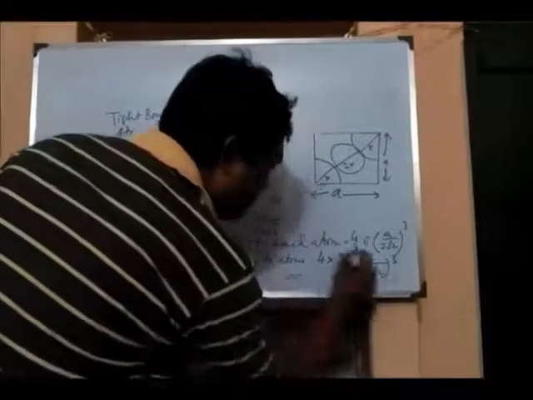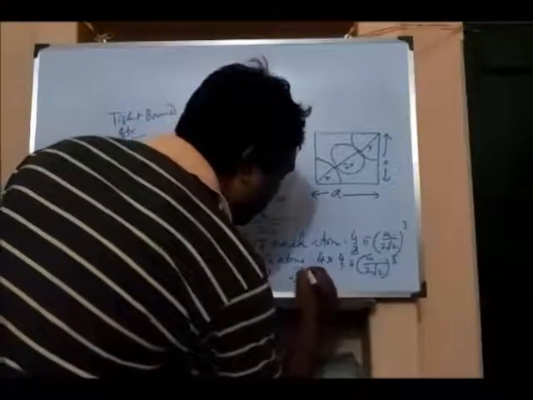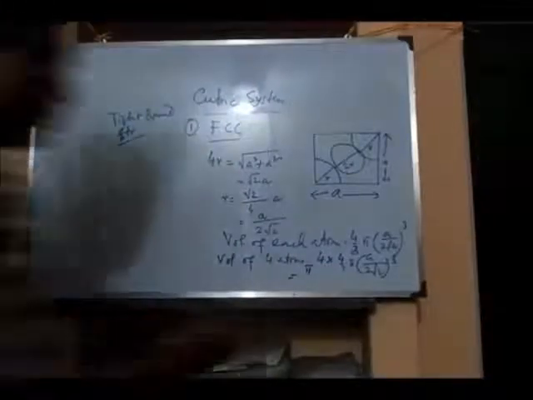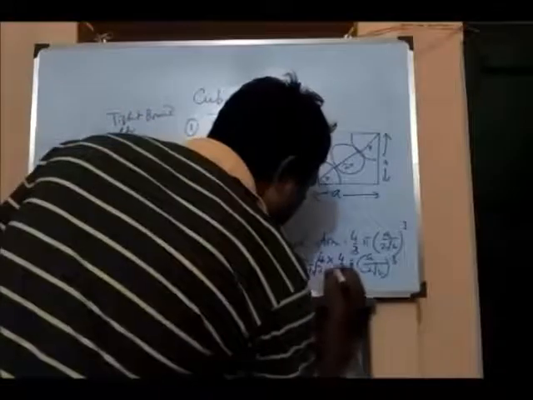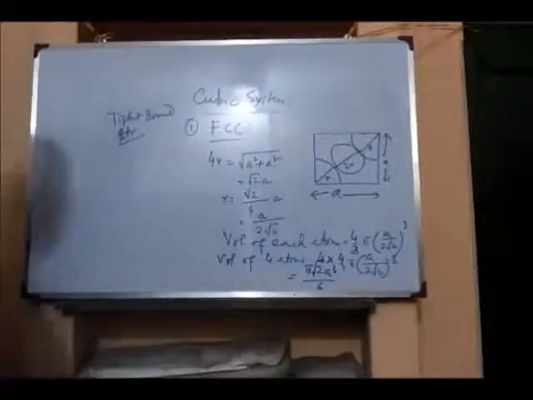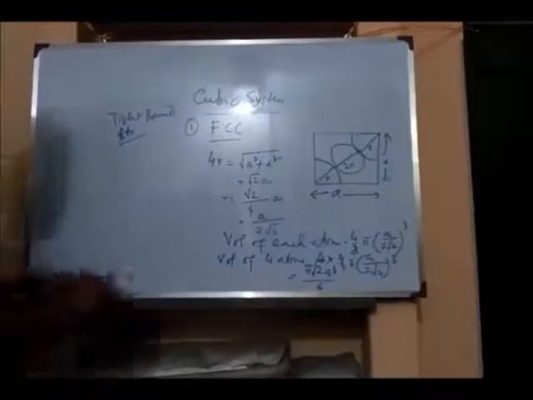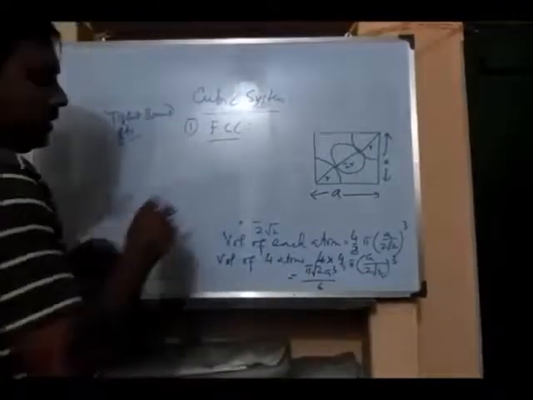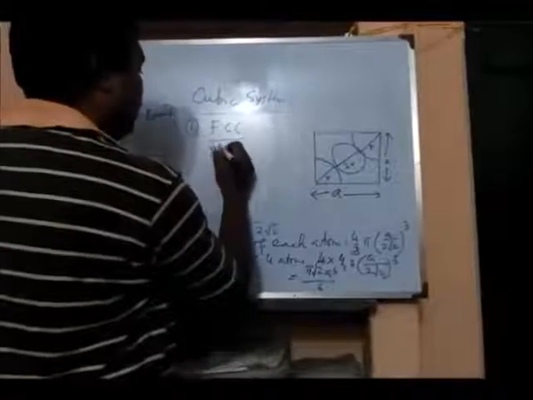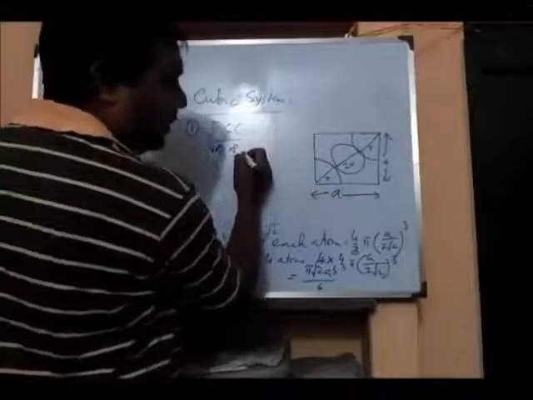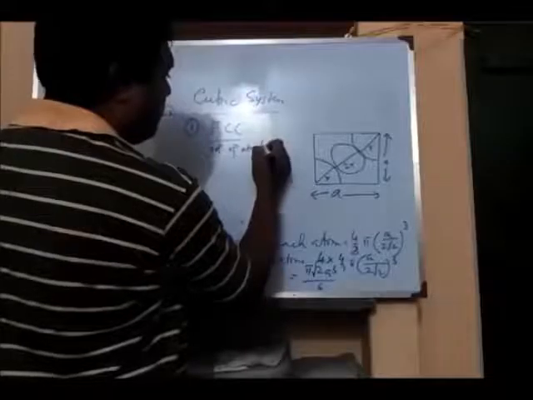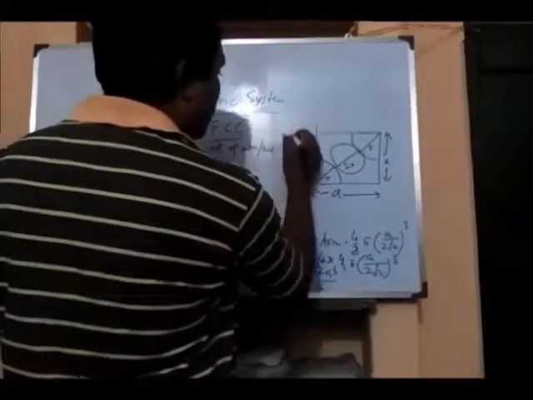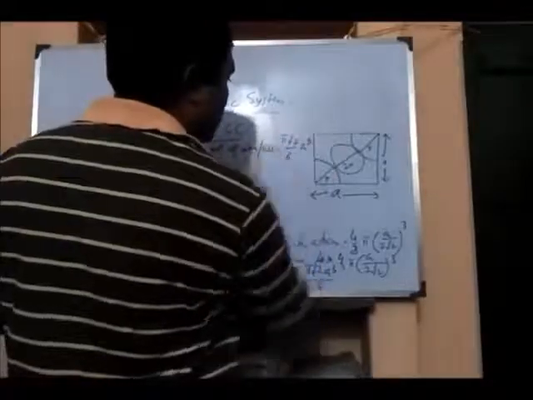So just simplifying, for FCC the volume of atoms per cell will be pi root 2 by 6 into a cube.